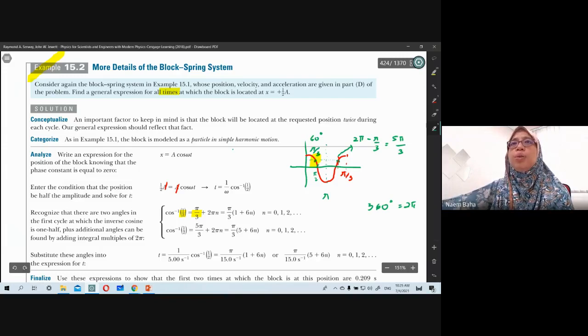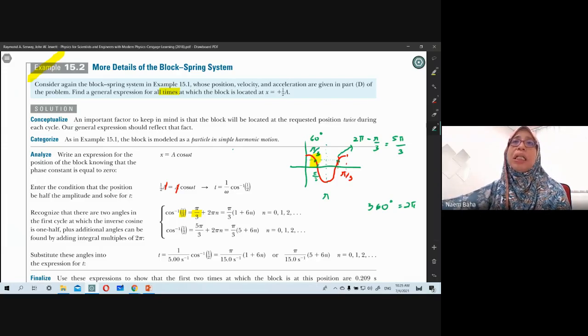Exactly here, 1/4 is pi over 2. So most probably, if it's half amplitude, the angle involved should be half of pi over 2, which is pi over 4.